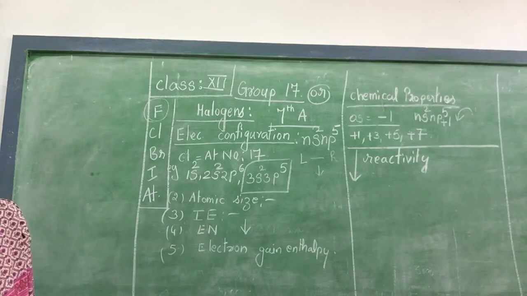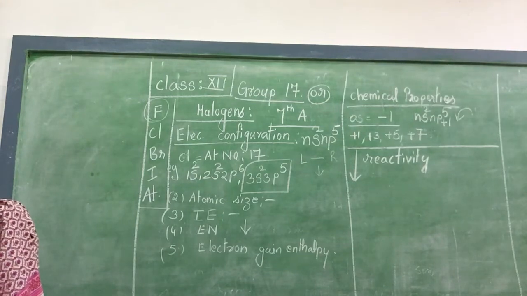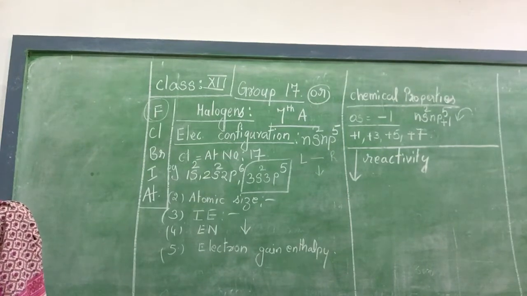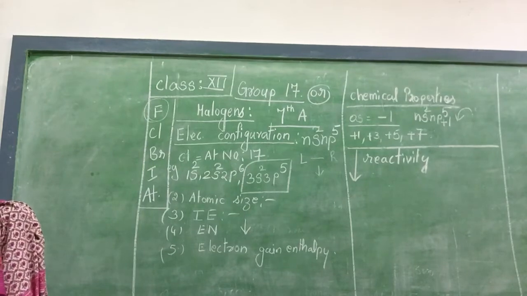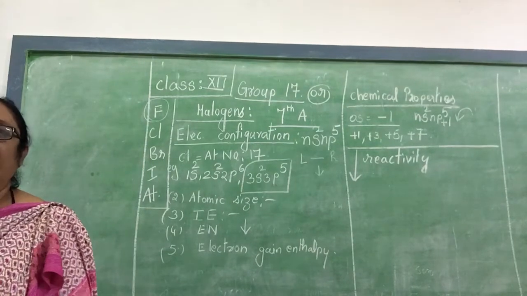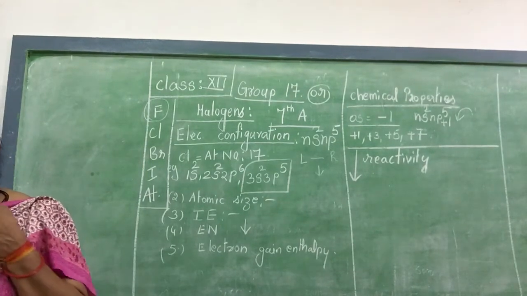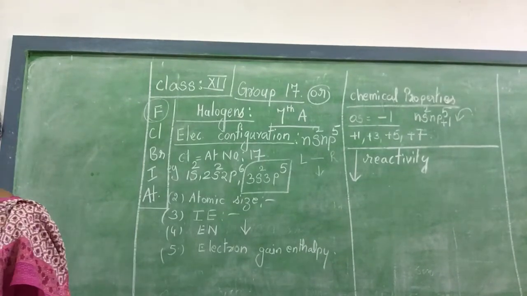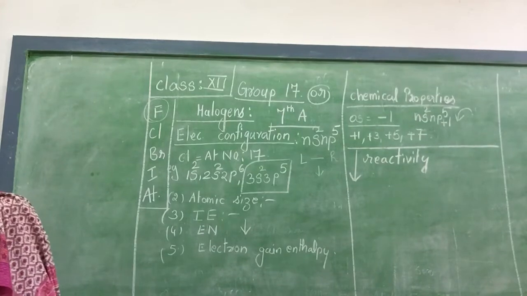F2 is the strongest oxidizing halogen and it oxidizes other halide ions. The decreasing oxidizing ability of halogens in aqueous solution down the group, we can also understand from their reduction electrode potentials.